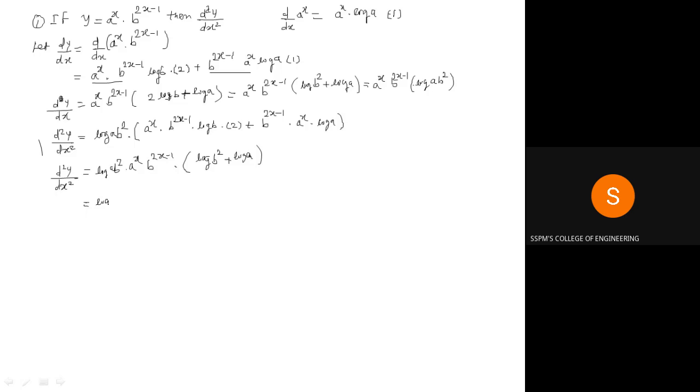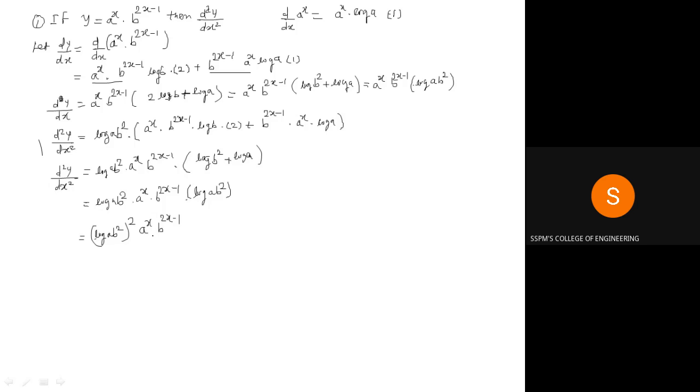Log of ab square, this is the first term, but we'll get a similar term in the last, that is a raised to x into b raised to 2x minus 1 into log of ab square. So the first and last terms are the same. That is nothing but a square, that is log of ab square whole square into a raised to x b raised to 2x minus 1, and it's the second derivative of the function with respect to x.